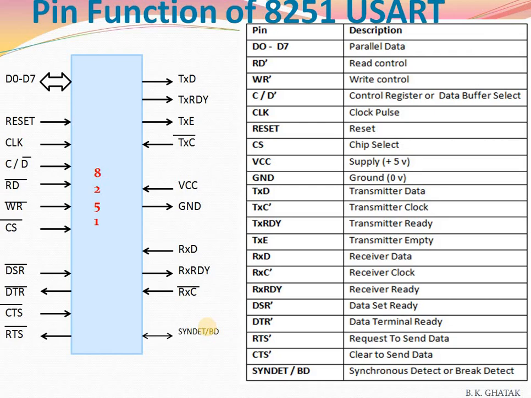When this pin is used as input, a positive signal on that pin will cause the 8251 to start receiving data characters on the rising edge of the RXC bar signal, that is the receive clock signal.